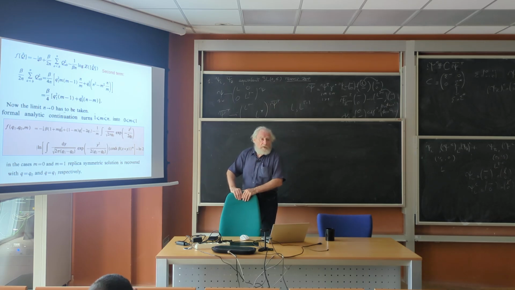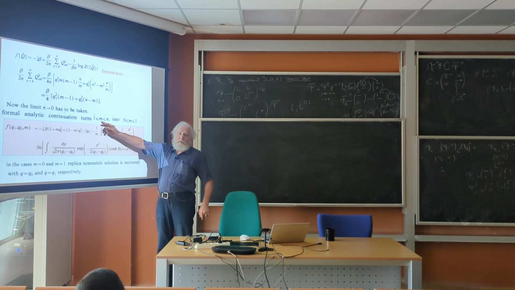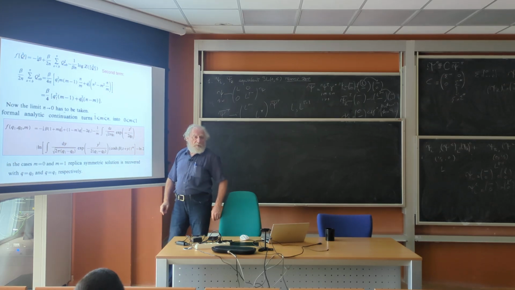We know that we need to take a limit n to 0. And originally n was an integer and m was also an integer and less than n. So how to understand this limit? We start from this interval for m, but we need to put n to 0.